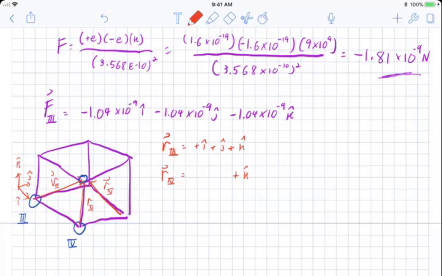It's still going to the right in the positive J hat direction, but now it's going in the negative I hat direction. So that means the force from 4 is going to be exactly the same as this, but the I hat term is going to switch its sign.